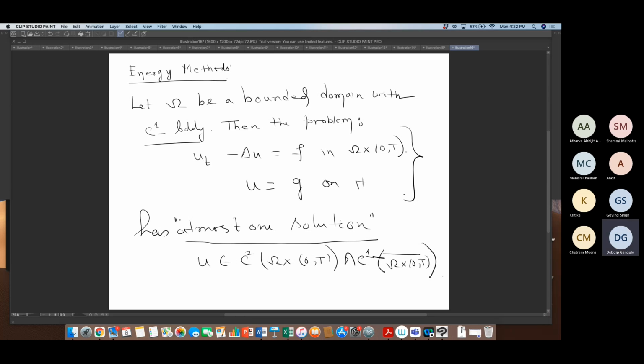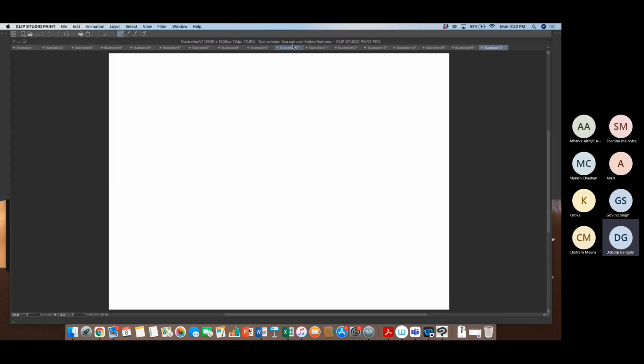Just now we have done this using the maximum principle, but I will prove it in a different way. We will do it just using energy methods.